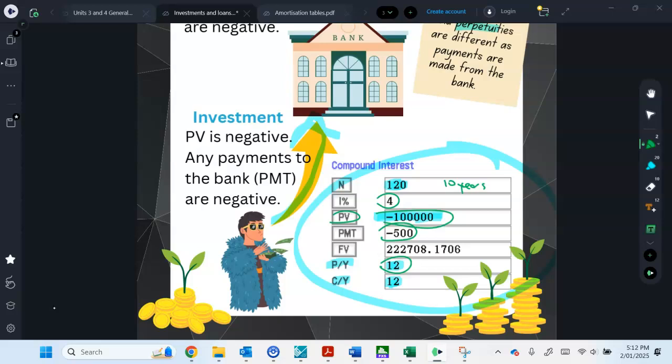After 10 years, he ends up with this amount. So he's doubled his money and then some. Let's say he was saving up for a house, although he looks like someone who would probably have a bit more money than that.